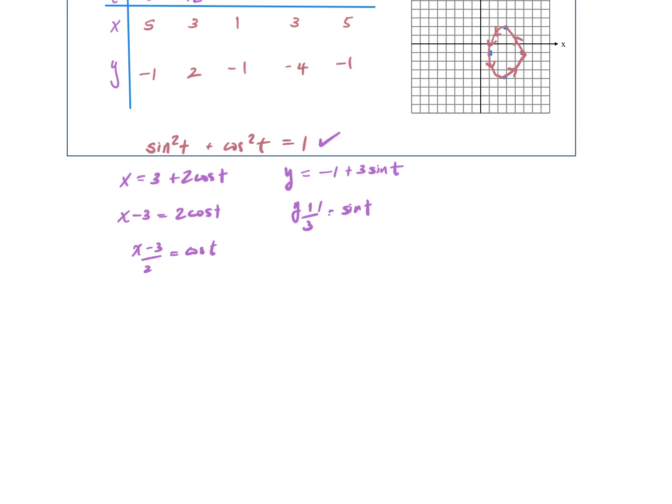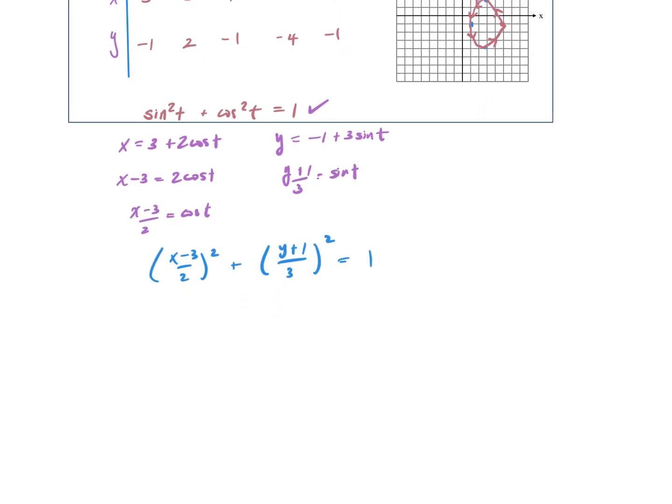So now I'm going to plug it into the equation. I don't know why I did cosine first, but I did. So (x minus 3 over 2) squared, and then (y plus 1 over 3) squared equals 1.